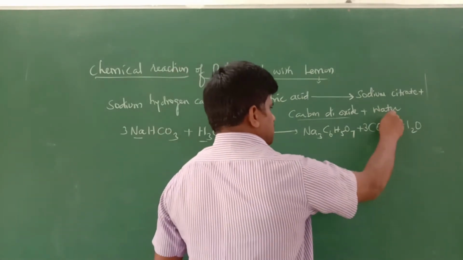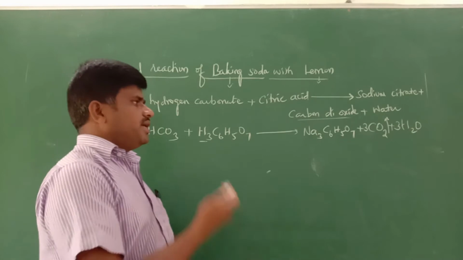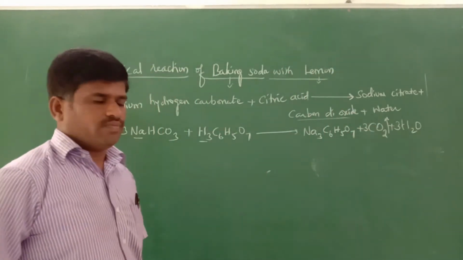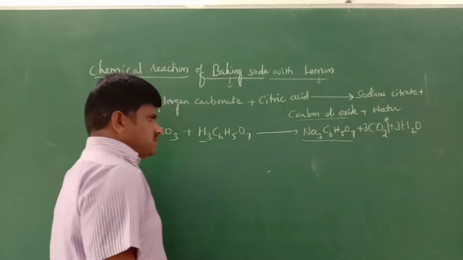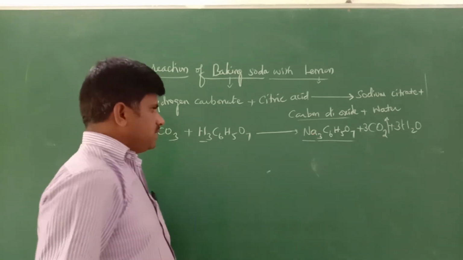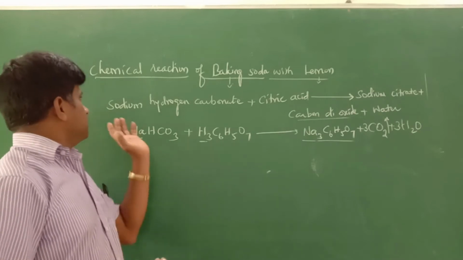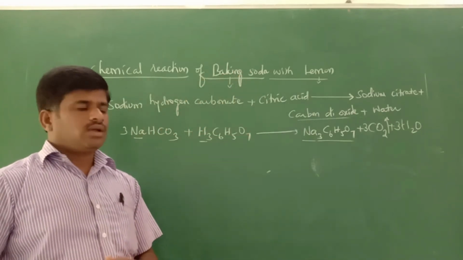Carbon dioxide is a gas, so this should be written with an upward arrow mark, that is 3 moles of carbon dioxide. So this is the reaction. The formula of sodium citrate is Na3C6H5O7. This is sodium citrate, carbon dioxide and water. This is given in your textbook. This is about the reaction of baking soda with lemon.